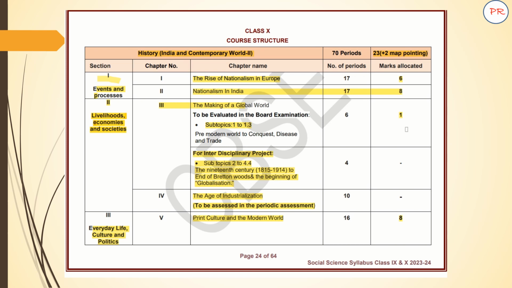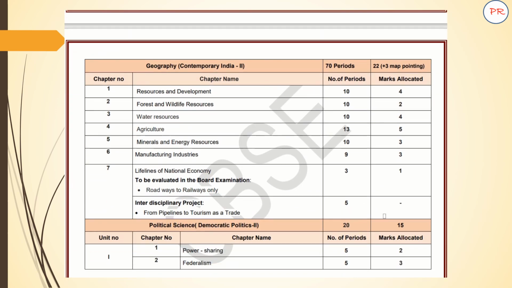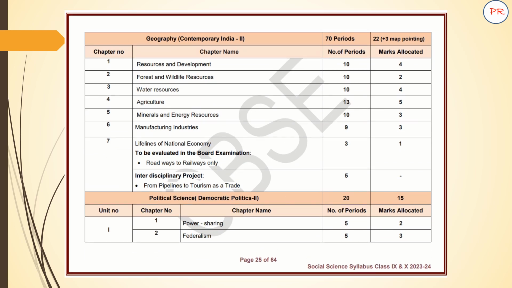Even though there are 5 chapters, importance is given to the first, second and the last chapter. It does not mean you do not have to prepare the other chapters. The other chapters are kept for the interdisciplinary project and periodic assessment. From the final exam point of view, these 3 chapters are going to be very important, so keep that in mind.